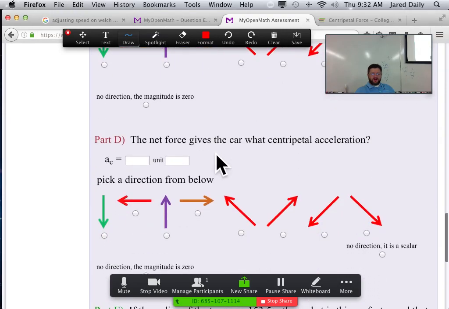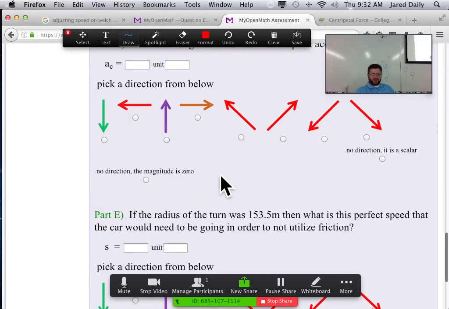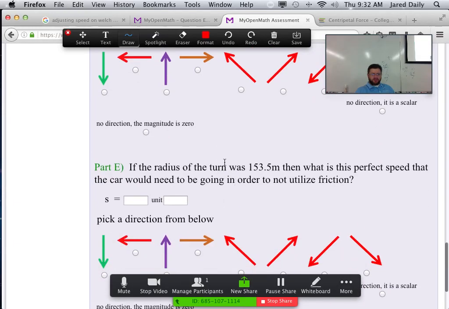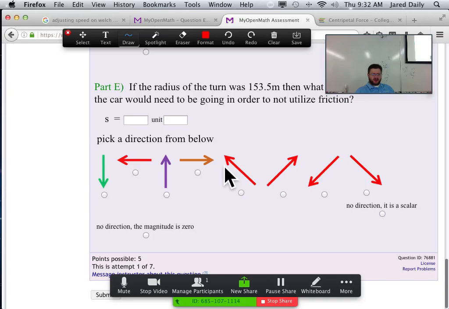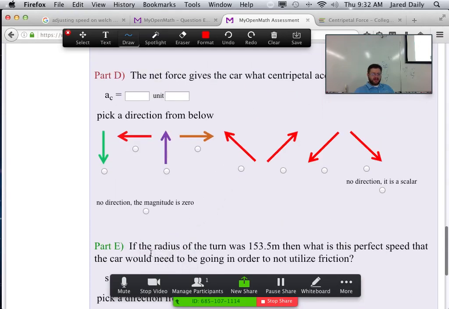And then they want to know the net force, acceleration from the net force, and the perfect speed for the radius of the car turn without friction. That part we did. This is the part that we did in the homework.